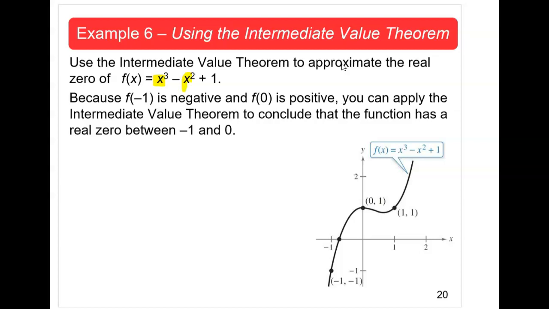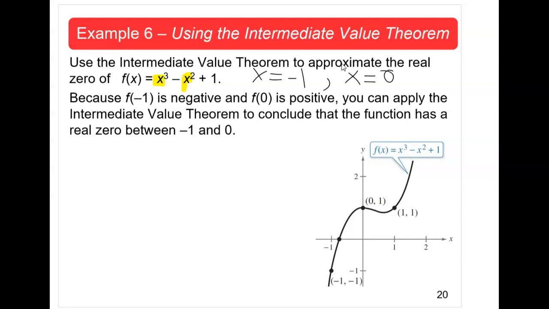Okay, so it says use the intermediate value theorem to approximate the real zero of that function, right? So we have two x values to work with. I guess I probably deleted them, for x equals -1 and x equals 0.